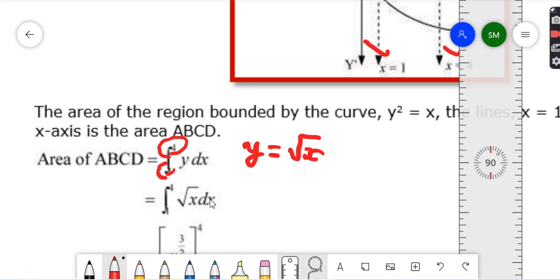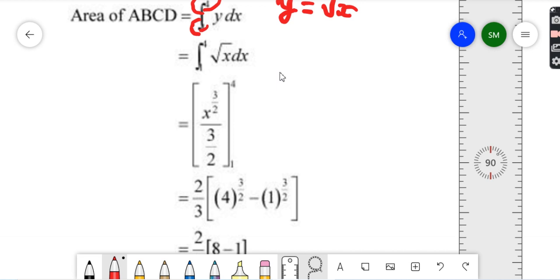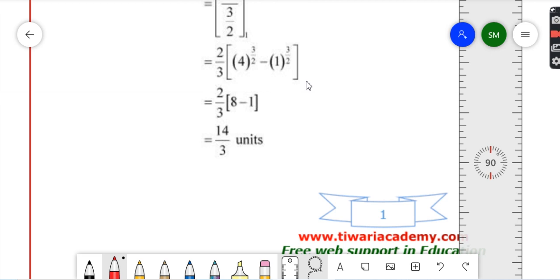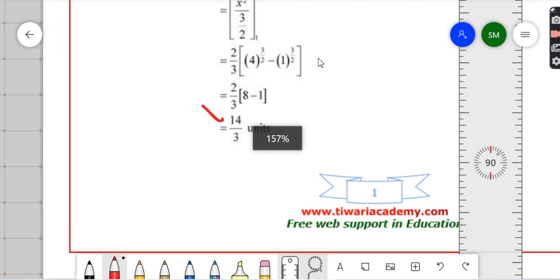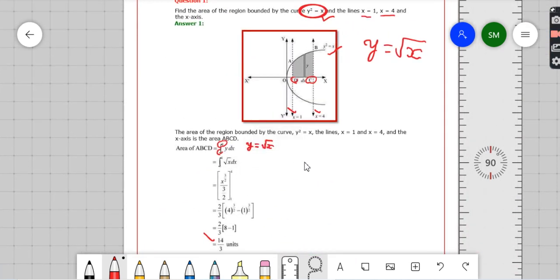So straight away put in the integration, integrate it with respect to x. Now you know how to integrate. Root x is x to the power 3 by 2 upon 3 by 2. Then replace the limit, simplify, you will get 14 by 3. That is your area under the parabola y square equal to x and line x equal to 1 and x equal to 4.